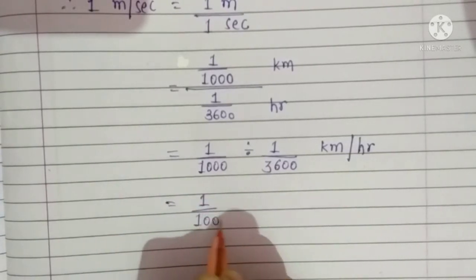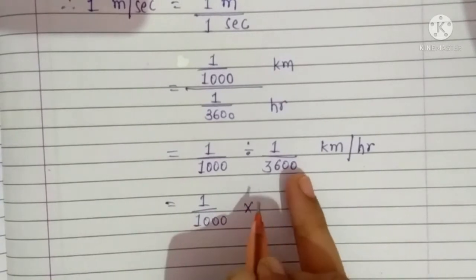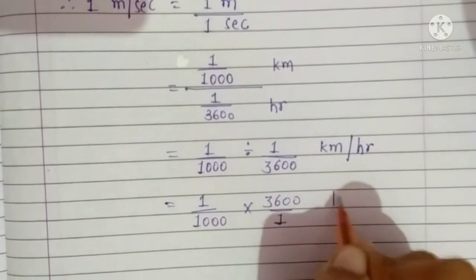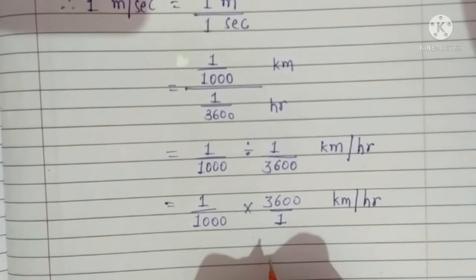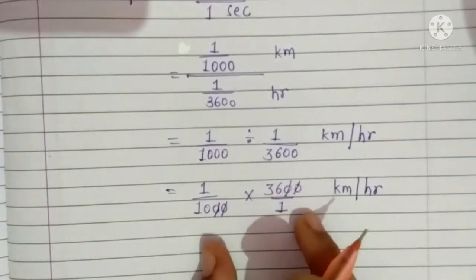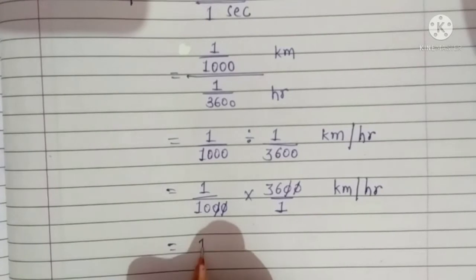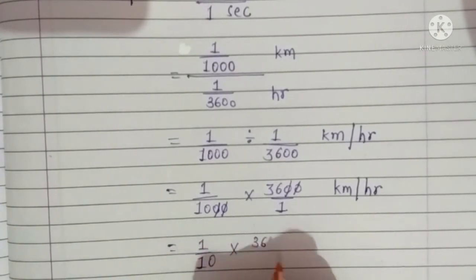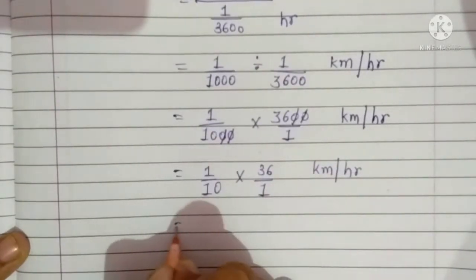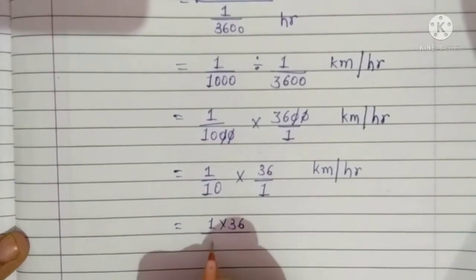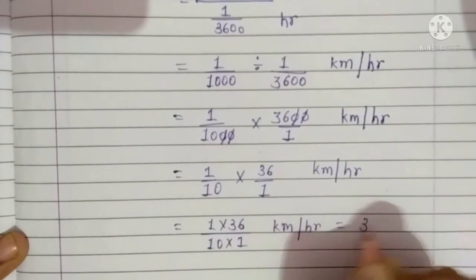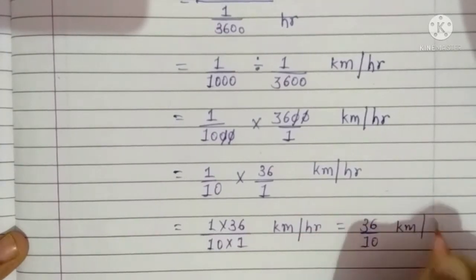1 upon 1000 multiplied by reciprocal of 1 upon 3600 means 3600 upon 1 किलोमीटर पर आवर। तो हम यहाँ पे ऑब्जर्व कर सकते हैं कि 0 0 डिनोमिनेटर में भी है एंड न्यूमरेटर में भी है, तो दोनों कैंसिल हो गया एंड वी गेट 1 upon 10 multiplied by 36 upon 1 kilometer per hour, and this is equal to 1 multiplied by 36 upon 10 multiplied by 1 kilometer per hour, and this is equal to 36 upon 10 kilometer per hour.